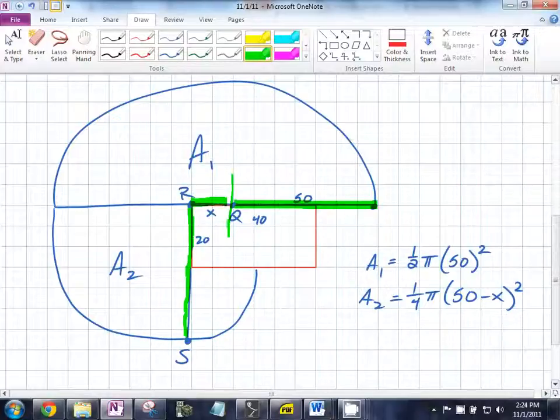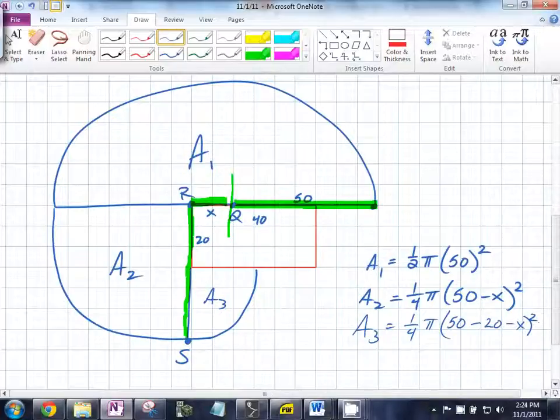What about A3? That's going to be 1/4 of pi times... yeah, because you get 50 minus 20 minus x squared. Because look, you have 50 minus x minus 20. What's 50 minus 20? 30.